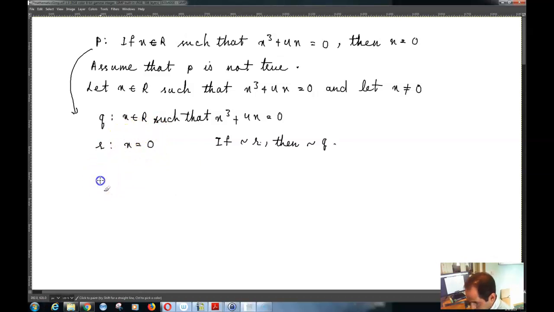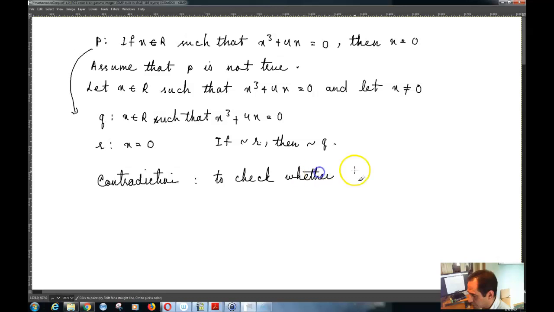So for the method of contradiction, to check whether some statement P is true, since you're using the method of contradiction, you assume that P is not true.